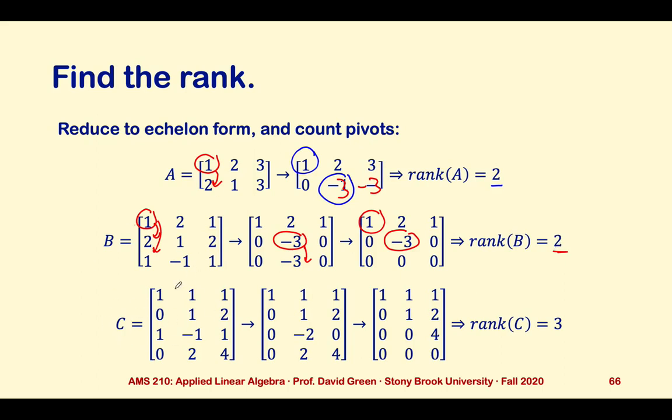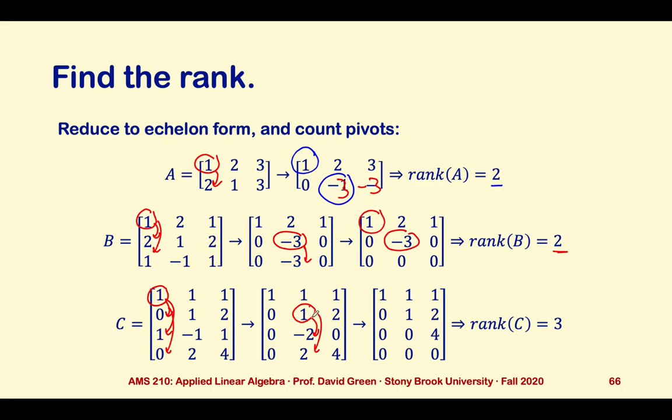For matrix C, do the same thing. Start in the upper left, eliminate downwards. Nothing to do for the second row or the fourth row. But for the third, we subtract the first. 1 minus 1 is 0. Negative 1 minus 1 is negative 2. 1 minus 1 is 0. We then move over and to the right. Eliminate down again.